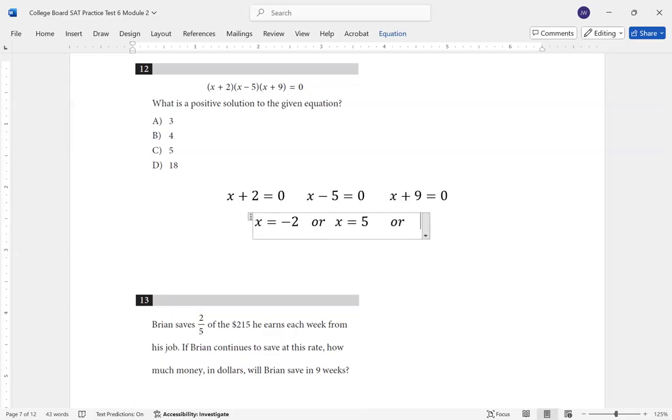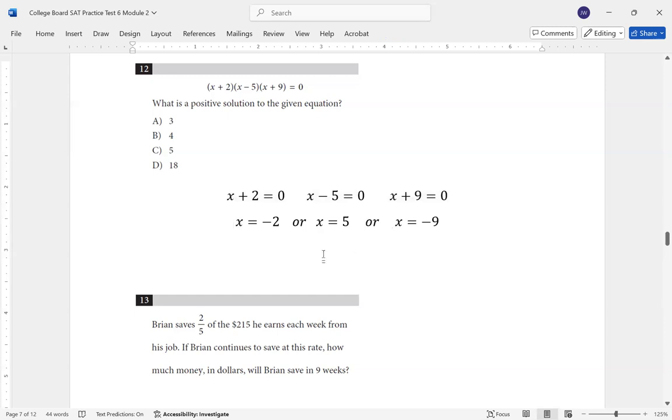And on my right-hand equation, I get x is equal to -9. So subtract 2 from both sides of the first equation, add 5 to both sides of the second equation, subtract 9 from both sides of the third equation.